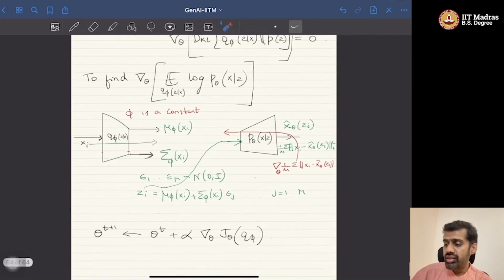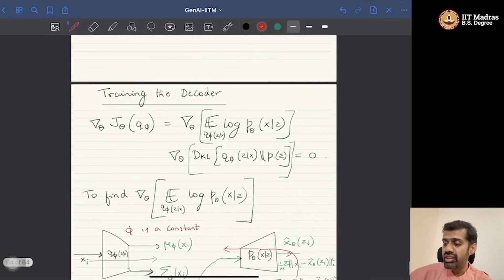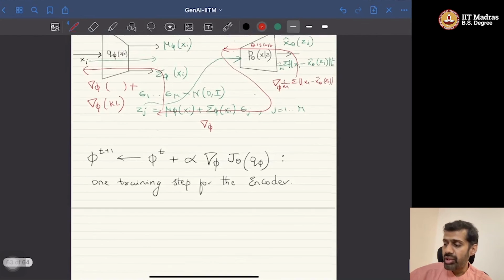For the decoder training, you do the same thing during the forward pass. Once you compute the output, compute the gradient with respect to the first term, because the gradient of the second term with respect to the decoder parameters is a constant. Then backpropagate it through the decoder network and use gradient descent to update the decoder parameters.